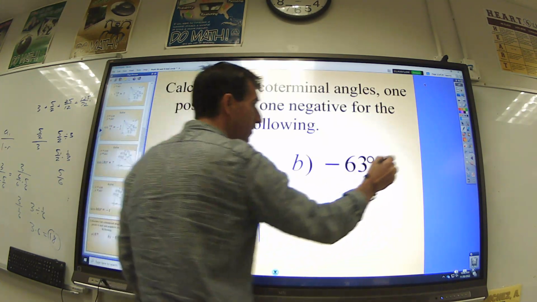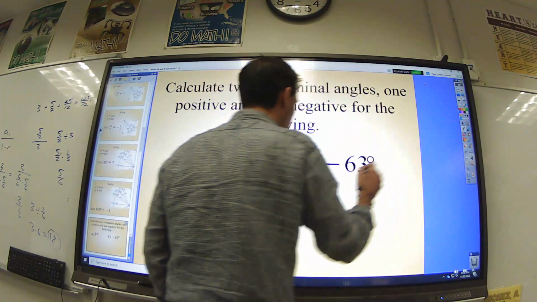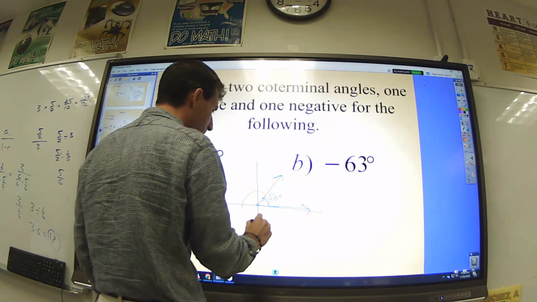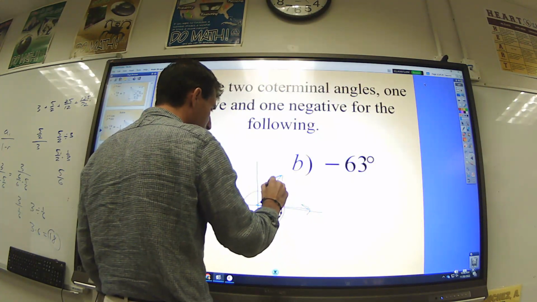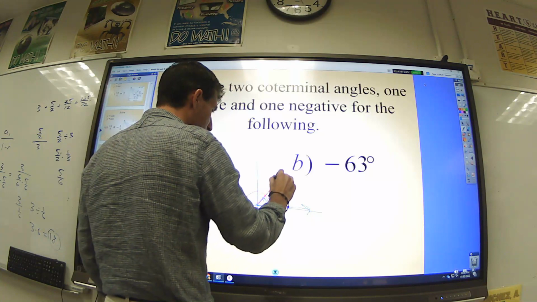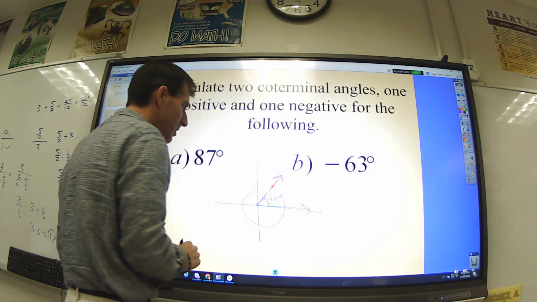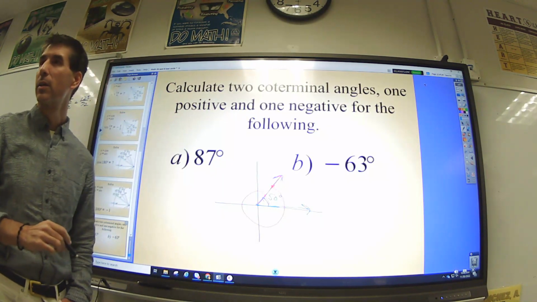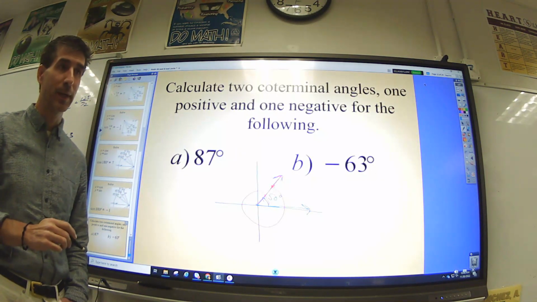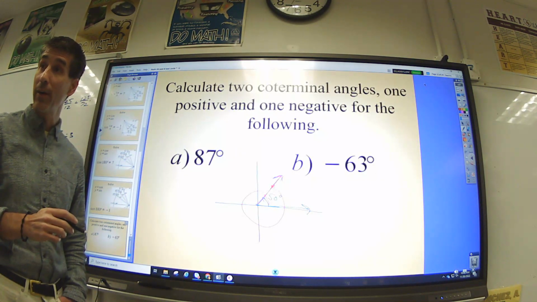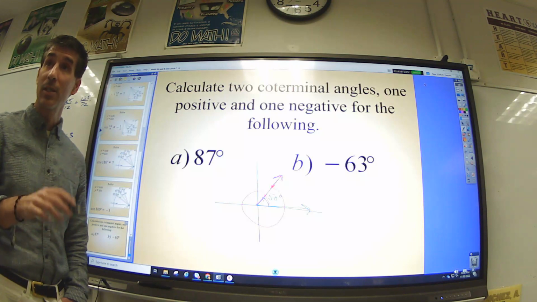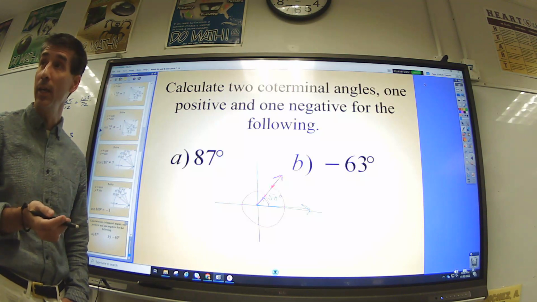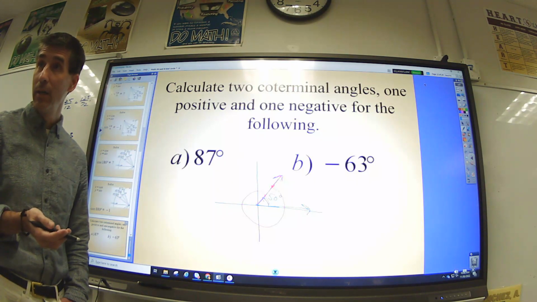If it spins one whole time in this direction, I get another angle, we'll call it angle red, that looks like it's equal, but it's 360 degrees bigger. So how do you figure that one out? Add 360 to 50, you get 410.